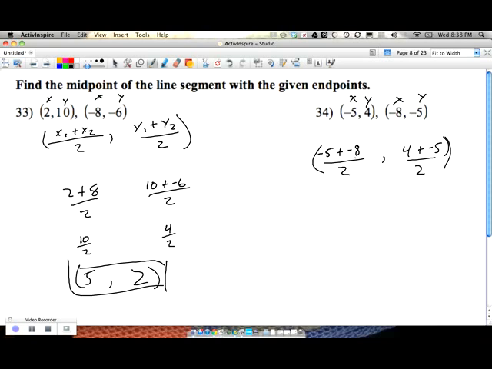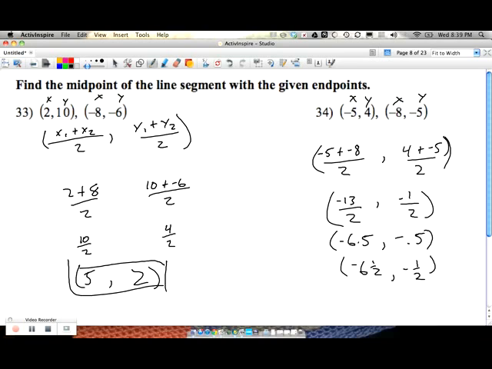So now if I simplify this, -5 and -8 is going to be -13 divided by 2. 4 and -5, that's going to be -1 divided by 2. So that could be an answer. If I needed to give it in decimal format, it'd be -6.5, -0.5. If I wanted to give it in mixed number format, this would be -6 1/2, and here we'd have -1/2 again. All three of those are correct, all three of them the same number, just different ways of writing it.